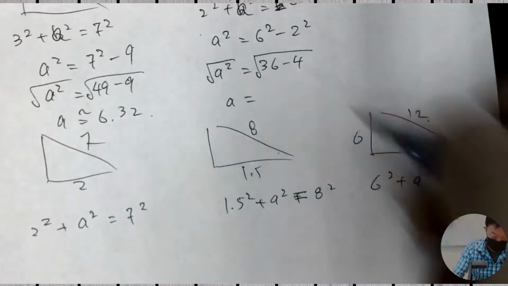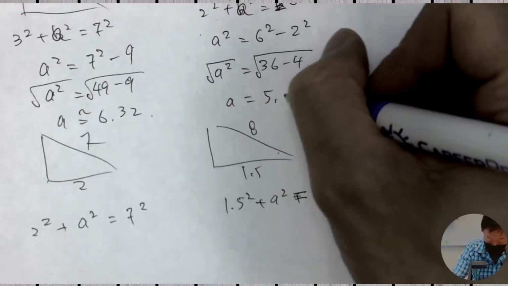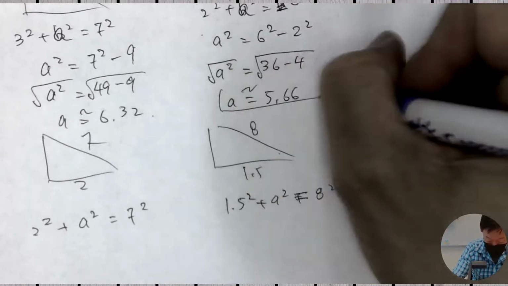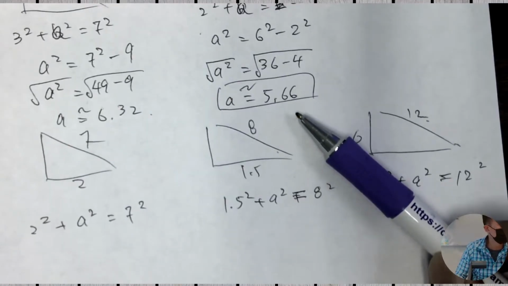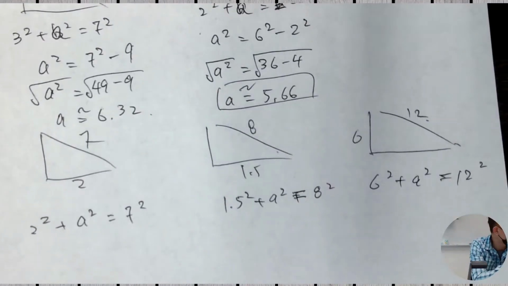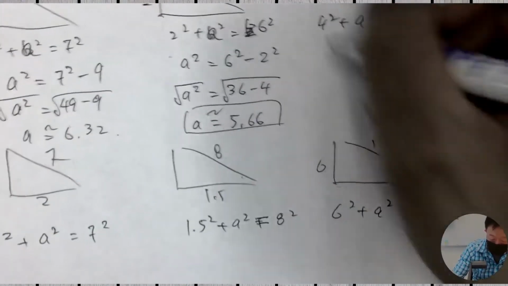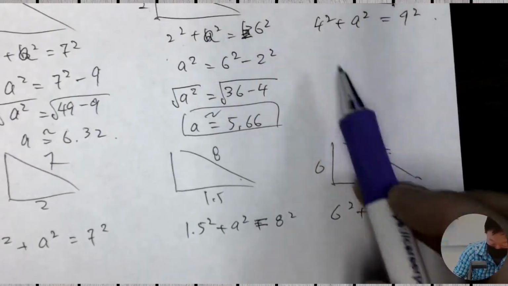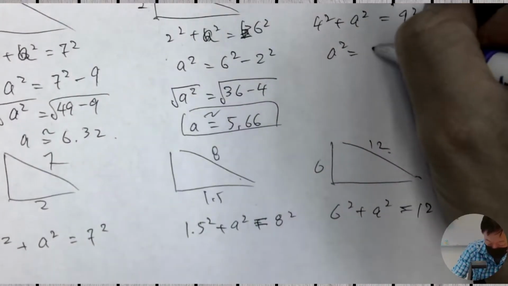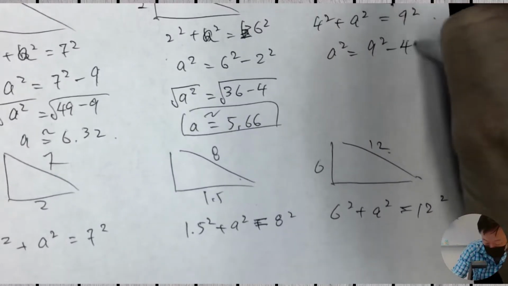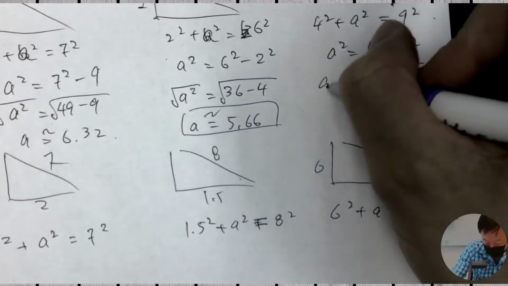Question? Sure. 5.66. Raise your hand if you got 5.66. What happened here? Anthony didn't do it? Not yet? All right, so again here we're gonna minus 4 squared from both sides. A squared would be 9 squared minus 4 squared, or 81 minus 16.